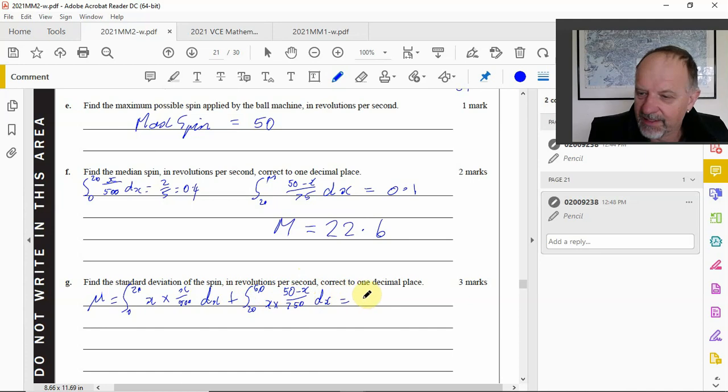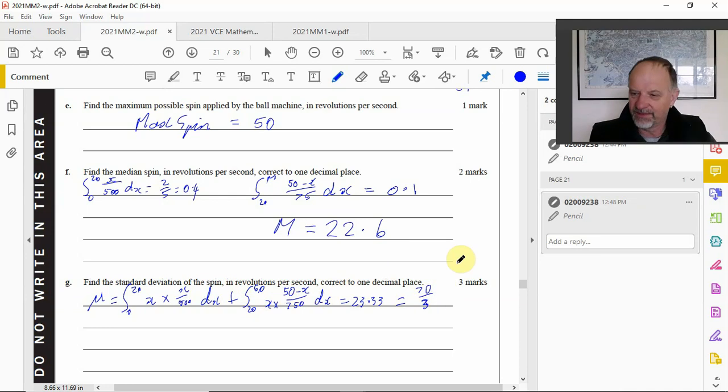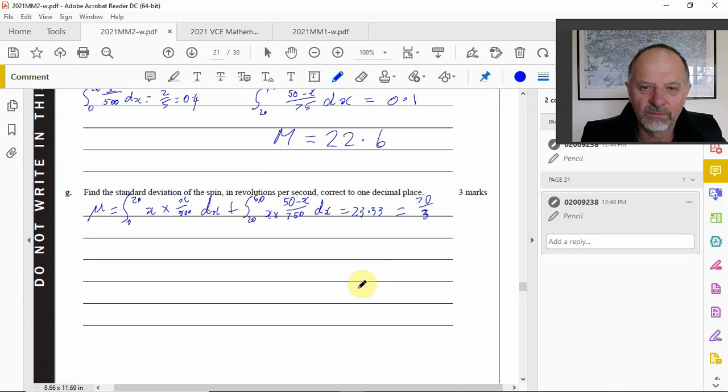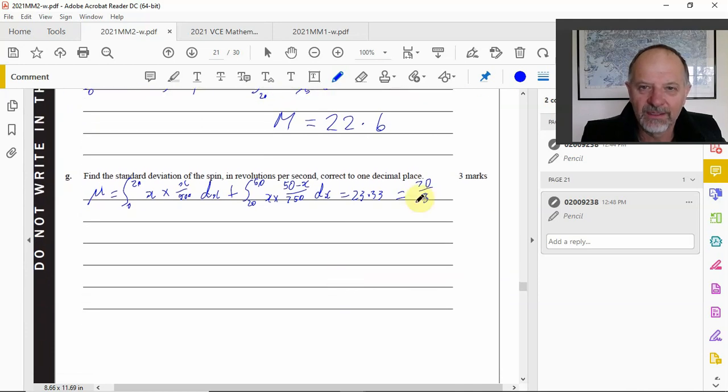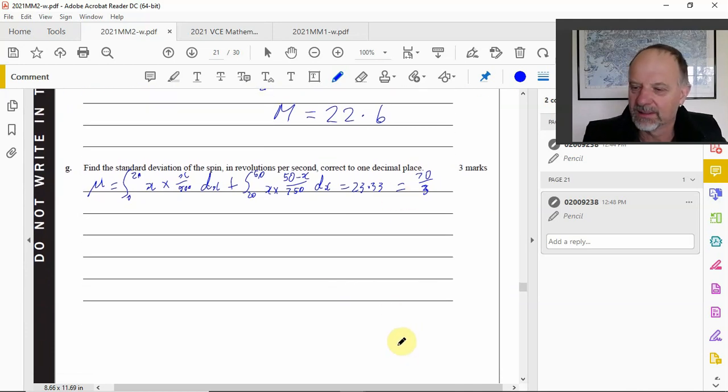And when you get to that, you get 23.33 and then more, which is 70 on 3. Now I know it says to 1 decimal place, but I'm just going to use the 70 on 3 to begin with, and at the end is when I'm going to go to 1 decimal place.